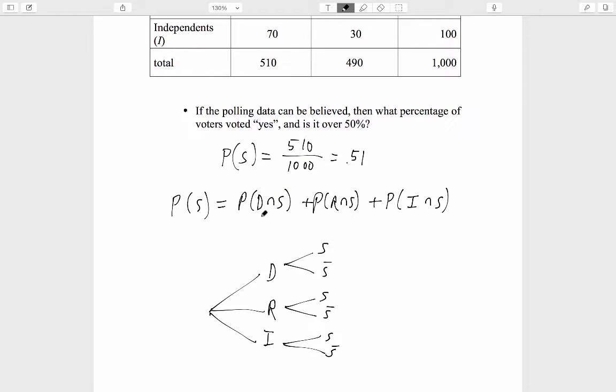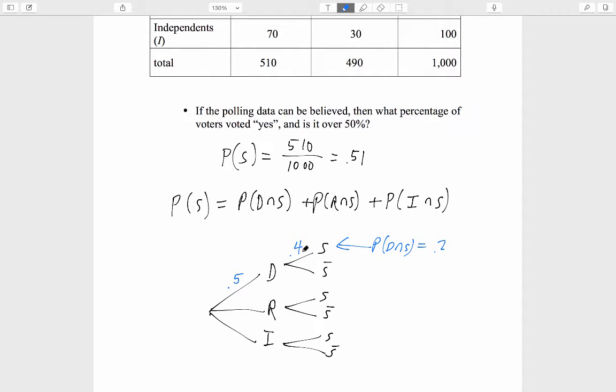If we think back to tree diagrams, we can recall how each of these probabilities was computed. The probability of D intersect S was computed as the probability of D times the probability of S given D. We were told 50% of all the voters are Democrats, and 40% of Democrats support the referendum. This 0.5 times 0.4 equals 0.2, and therefore 20% of all voters are Democrats supporting the referendum.